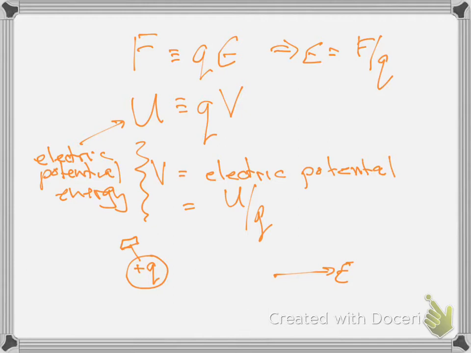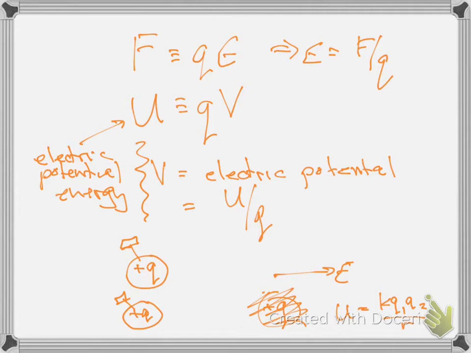It's the same idea behind electric potential energy. If we've got a charge here, and we pin it down, and then we put a charge here, then this pair of charges has an electric potential energy associated with it, kQ1Q2 over r. But if we get rid of the charge on the right, is there still some kind of potential there?